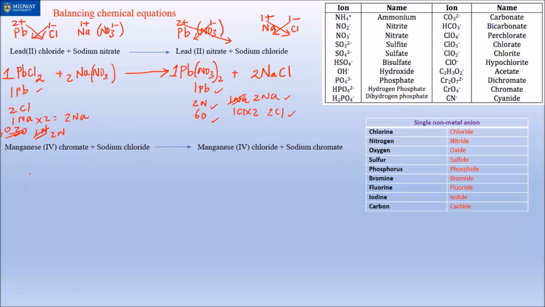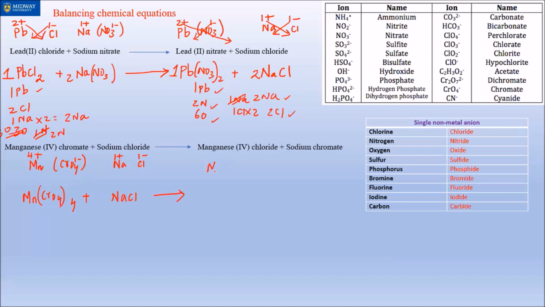Manganese 4, so manganese is Mn, and 4 goes with it. It's a metal, so it's 4 plus. Chromate is CrO4 1 minus. Put this in brackets. Now swap it, so you'll get Mn(CrO4)4, close the bracket, plus sodium is 1 plus and Cl is 1 minus, so it's basically NaCl.